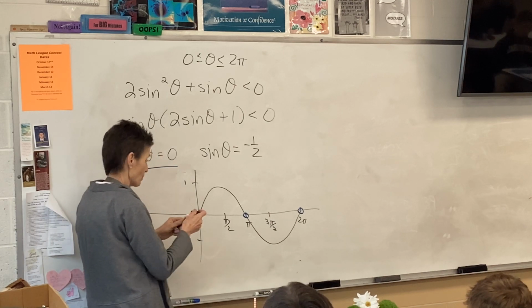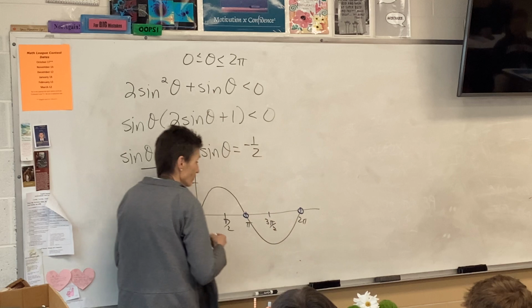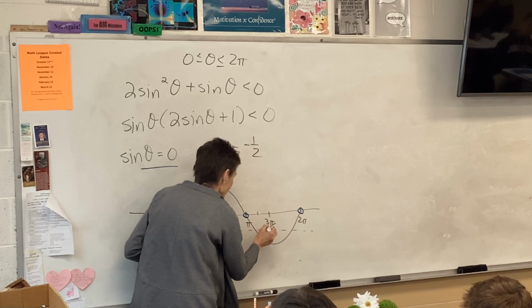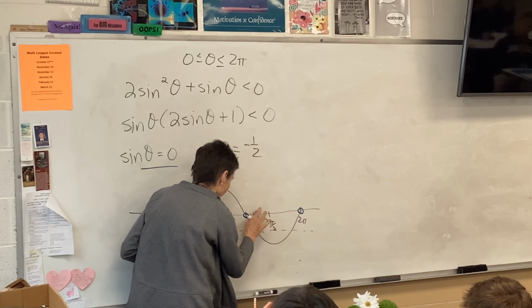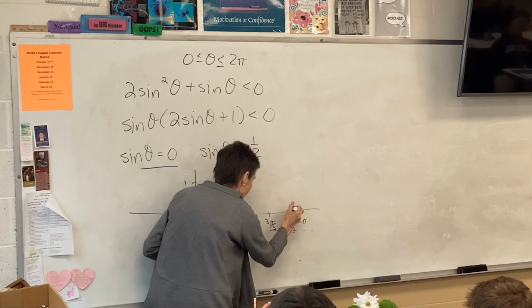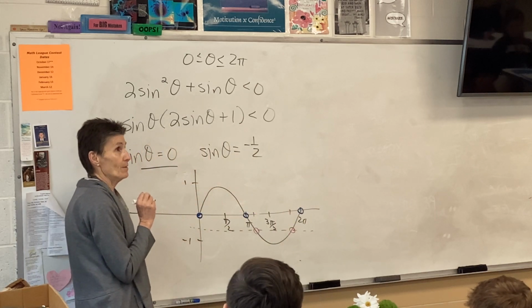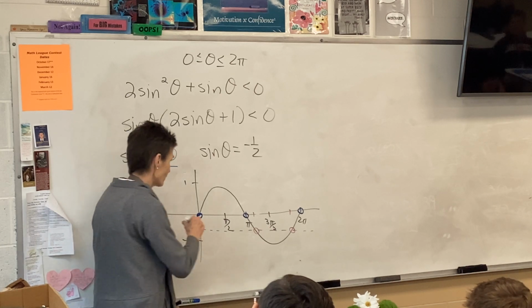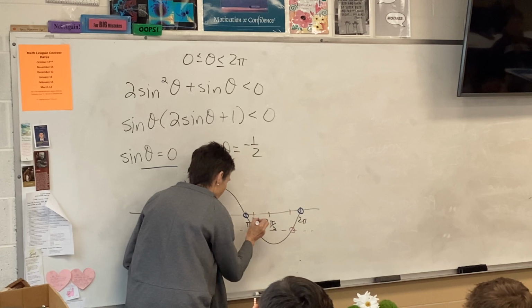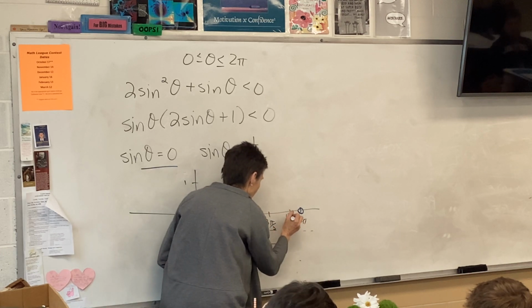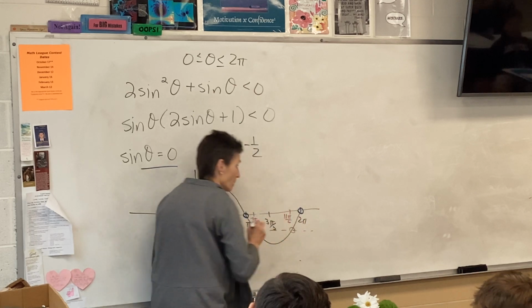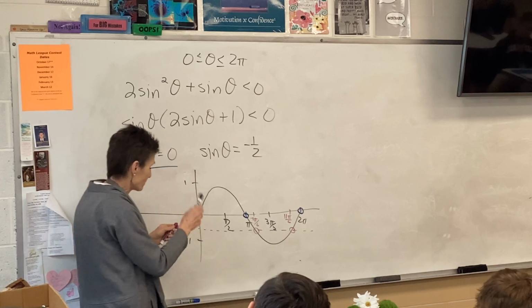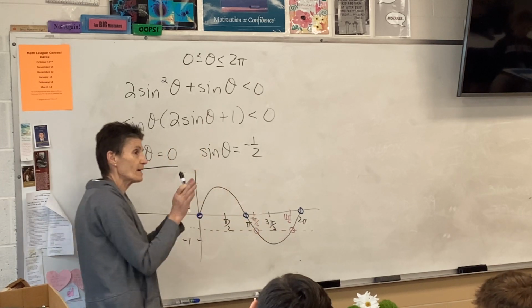Now, let's see if I can get this one right. Where is the sine negative 1/2? Well, that would be right here, and right here. Would you agree with that? And those values would be 7 pi over 6 and 11 pi over 6. So I have labeled little open circles here, all of the key points.